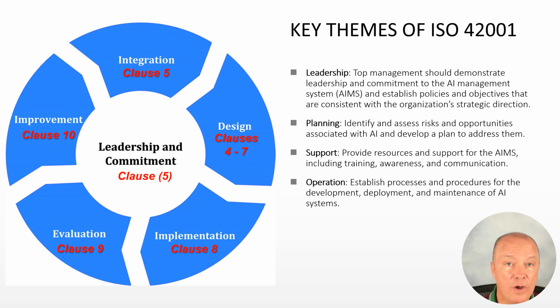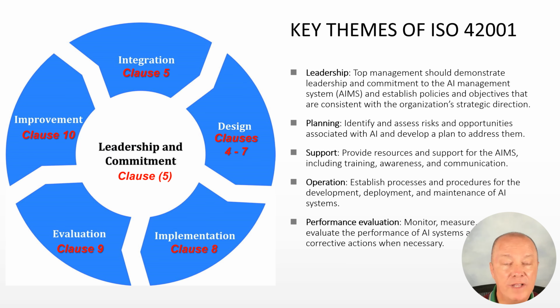We then move on to operation, which is the implementation that we see in Clause 8. This is where we actually establish the processes and procedures to accomplish what we designed in the planning phase. We then look to evaluate what we're doing in our operation to ensure that it actually fulfills the objectives that we established in the planning phase back in the design.